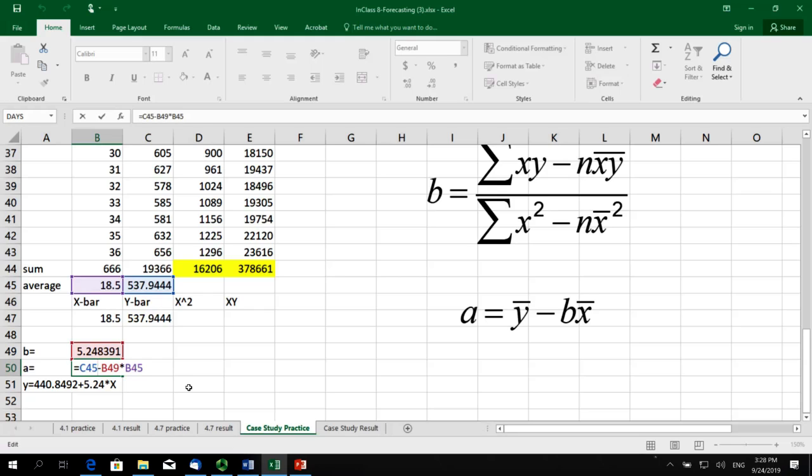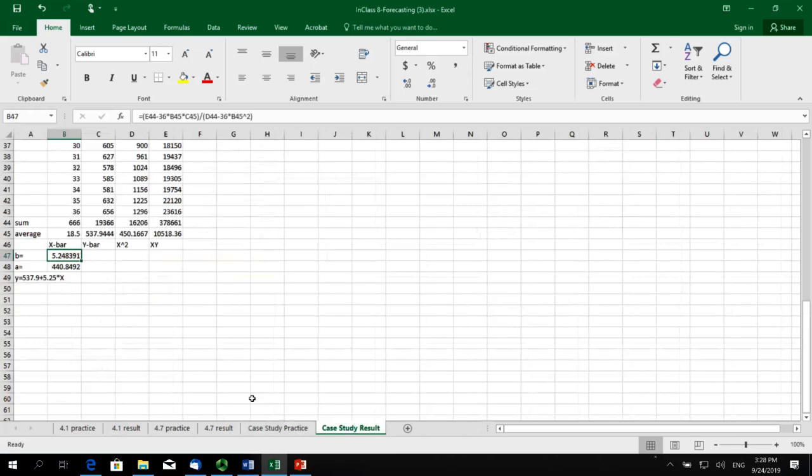Equals y bar equals C537 minus 440, 0.8492.